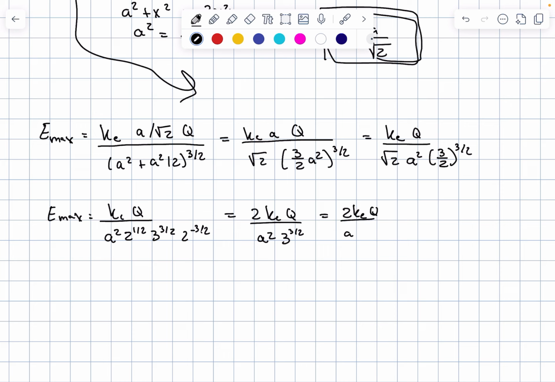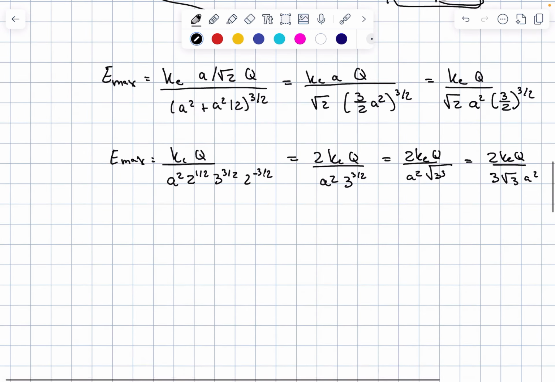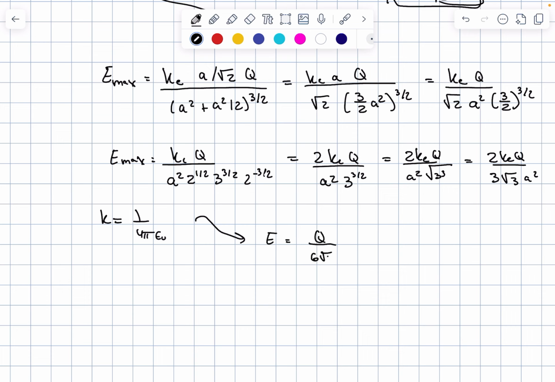This is equal to 2 k_e Q over 3 root 3 a squared, and that is pretty much what we want because we know that k is equal to 1 over 4 pi epsilon naught, therefore E is equal to Q over 6 root 3 a squared epsilon naught times pi, which is the form that we want it to be in.